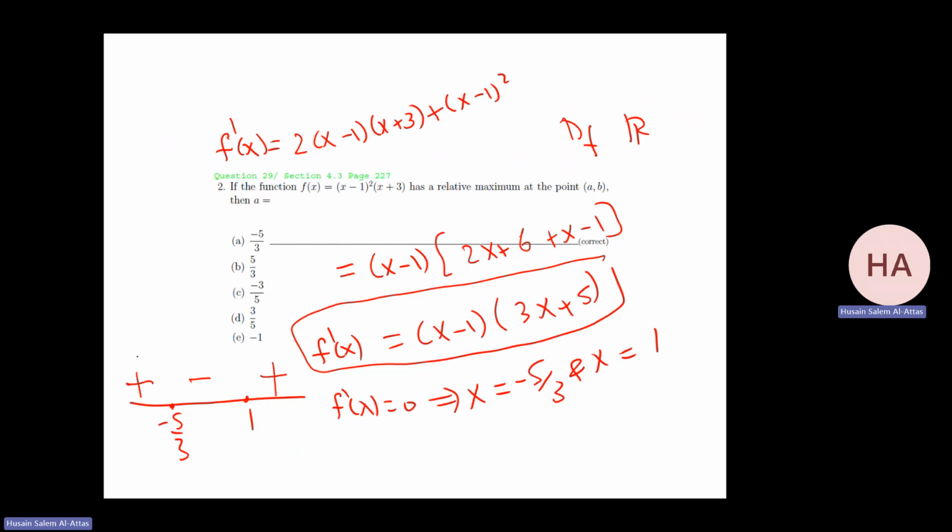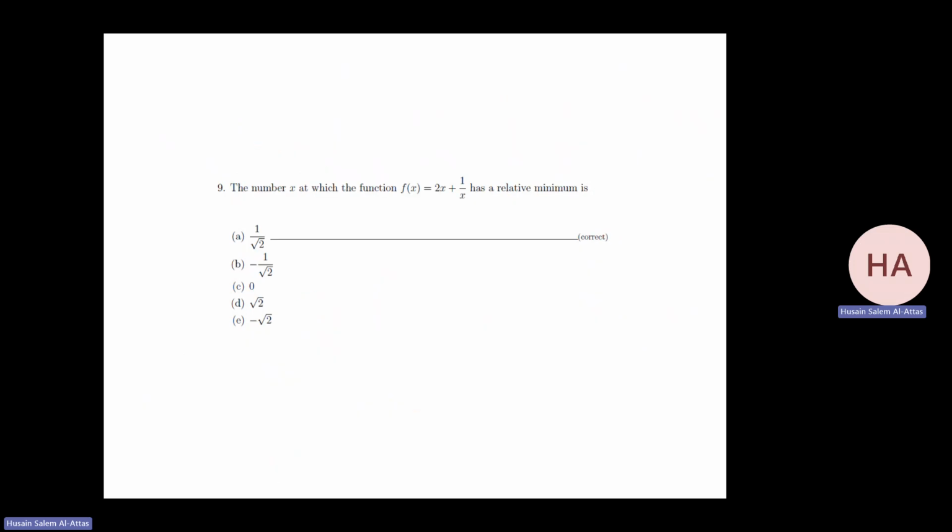It will be positive. So increasing, decreasing, increasing. He wants what? Maximum. Maximum occurs at x equal minus 5 over 3. The next one: the number x at which the function has a relative minimum.